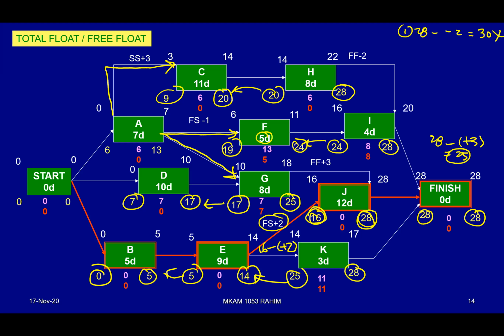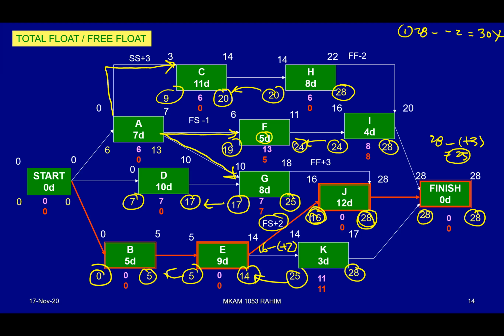Because the issue is that you want to know, how do we get 6 and 13? How do we get this value? Well, now let's evaluate one by one. Based on the arrow coming back from F, this is a finish to start relationship.